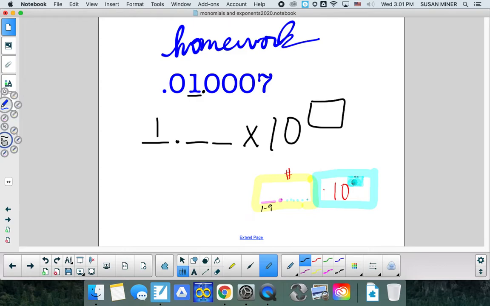I want to move my decimal place all the way over to there. And then there's a couple of zeros behind it, so we can fill those in if we would like. And then I want to count up how many decimal places I had to move. 1, 2, and so this is a number smaller than 1. This is going to be a negative 2, and there's my scientific notation.